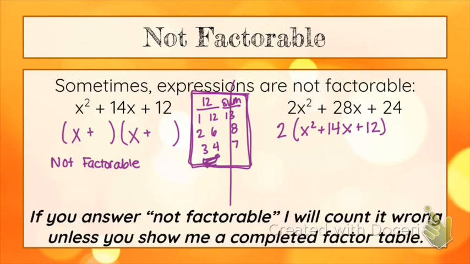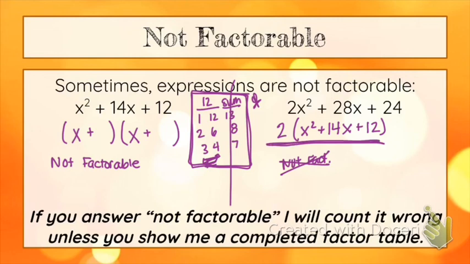All right, and then x squared plus 14x plus 12 is this trinomial, and I did that on purpose so that we don't have to do the table again. So we know that we cannot factor this trinomial down into 2 binomials, but on this one, not factorable would actually be wrong, because this is the 2 factors.